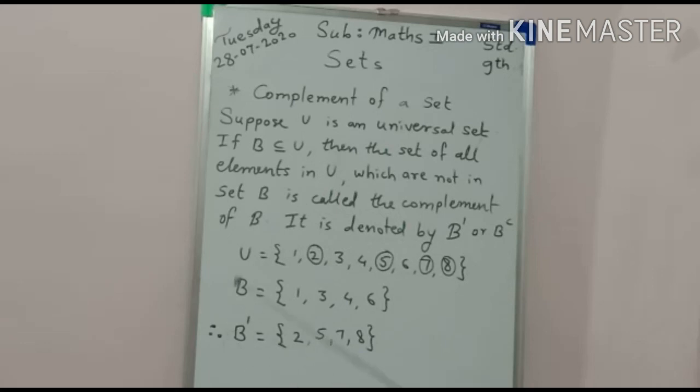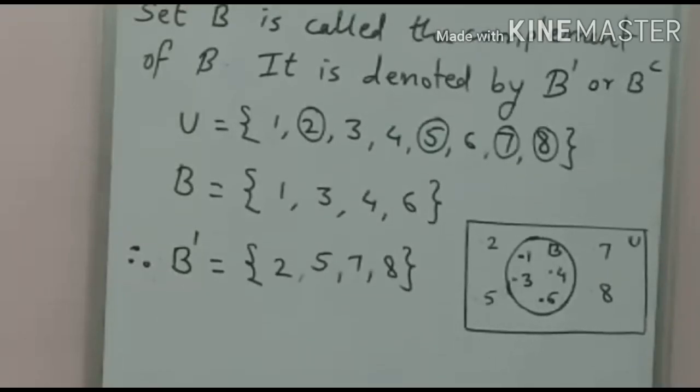That same complement of a set can also be shown by a Venn diagram like this. What we do here is draw one rectangle to represent the universal set.